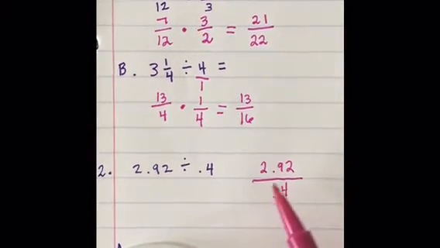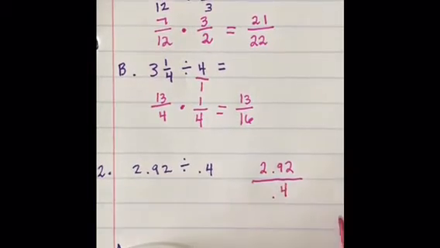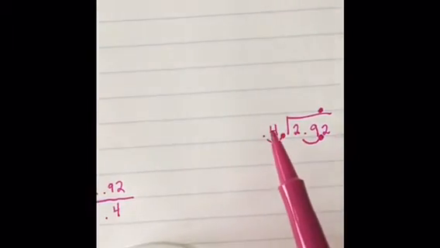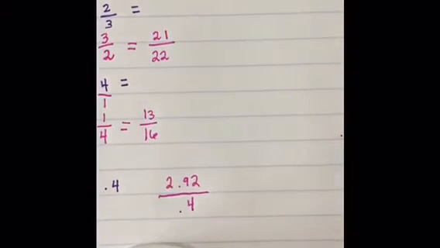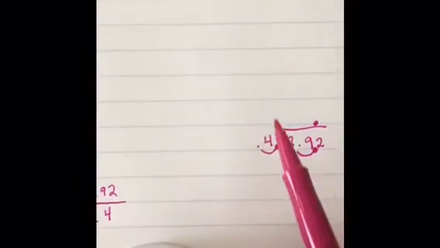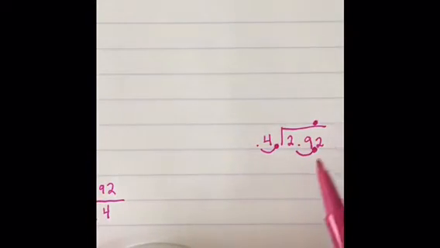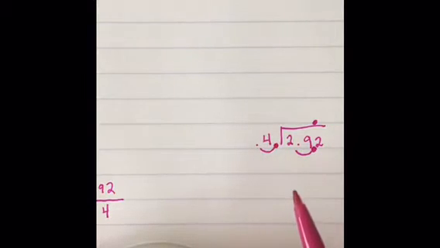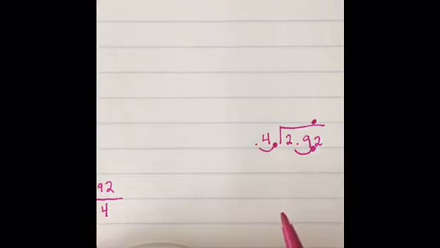Whatever number that is that you're going to be dividing by, if you simply multiply it by a power of 10, that means a 10 or 100 or 1,000, you multiply it by whatever it takes to move the decimal to get a whole number in the bottom or on the outside of the division box. It's simply that that's the number that you're dividing by, and we want to make it a whole number.